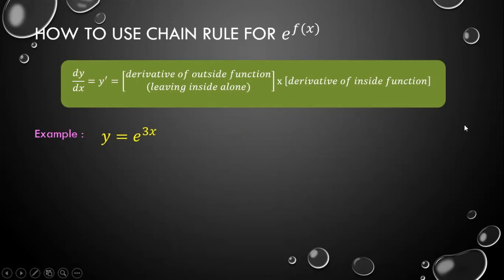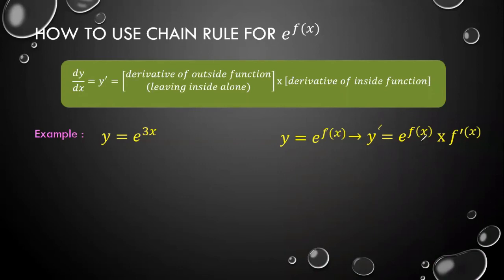So y equals e to the f(x), and dy over dx or y prime equals e to the f(x) times f prime of x. Once again, when we have y equals e to the f(x), dy over dx or y prime is e to the f(x) times f prime of x.